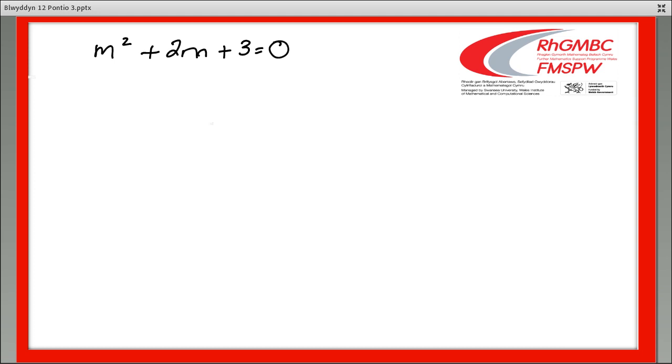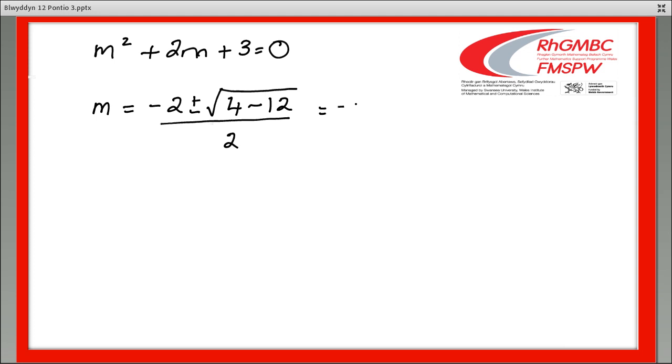Will not factorize, so we use the formula m equals 2 plus or minus the square root of 4 minus 12, all divided by 2, which is 2 plus or minus the square root of minus 8 all divided by 2.